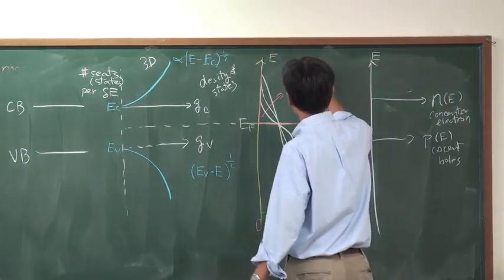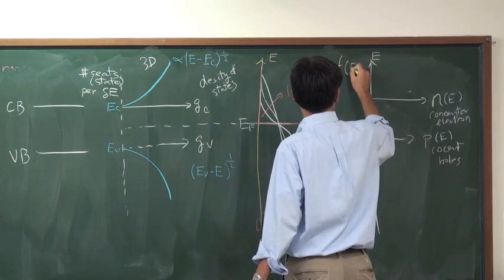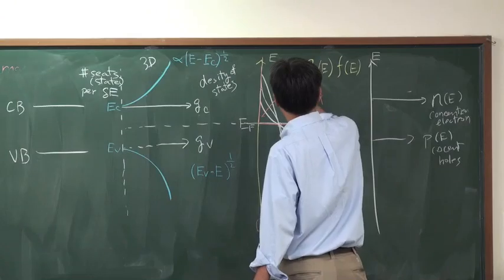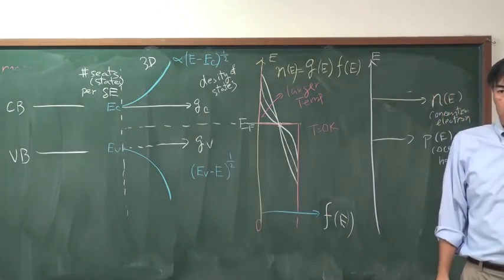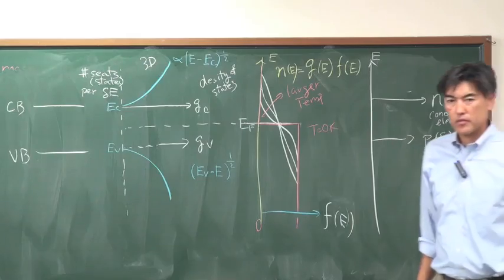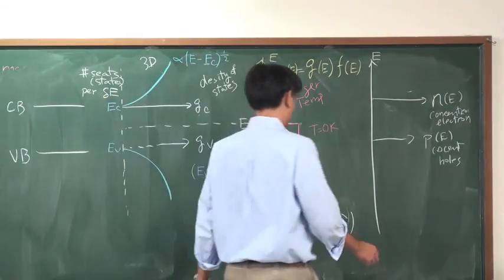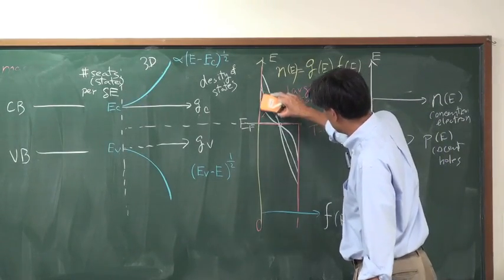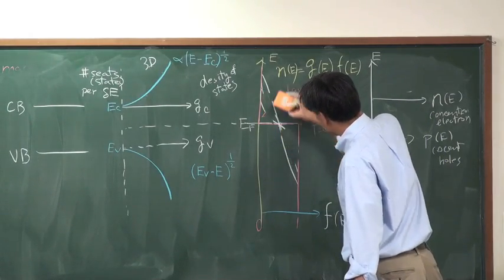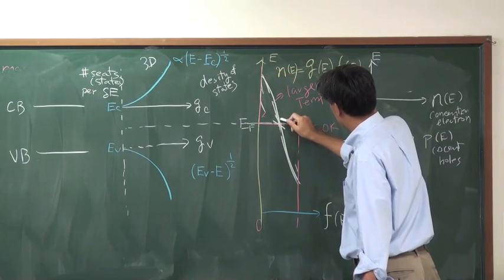So G(E) times F(E) equals n(E). Right? Make sense? And that is given for this particular temperature.